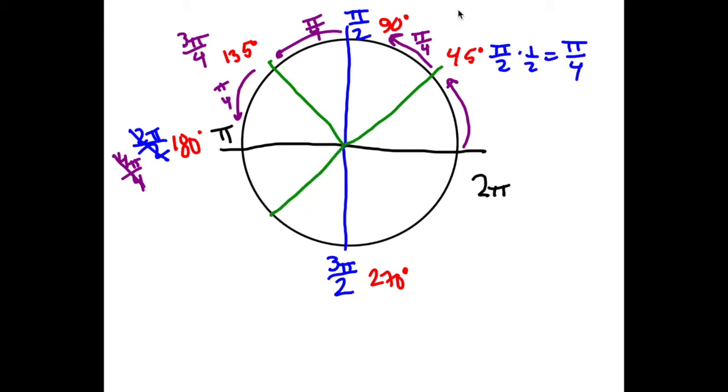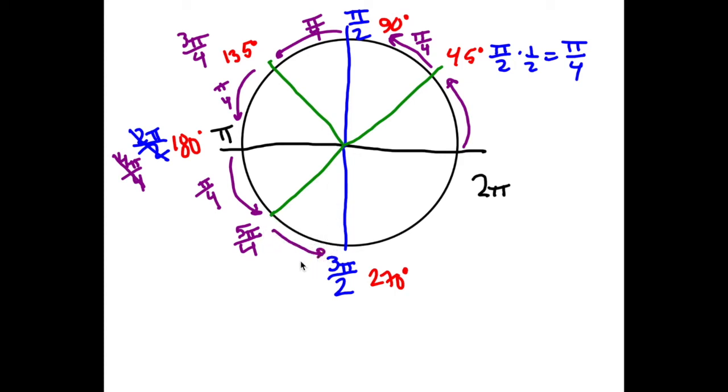I'm going to go ahead and add another pi over 4. There it is. Pi over 4. If this was 4 pi over 4, how much would that be? 5 pi over 4. Keep going.